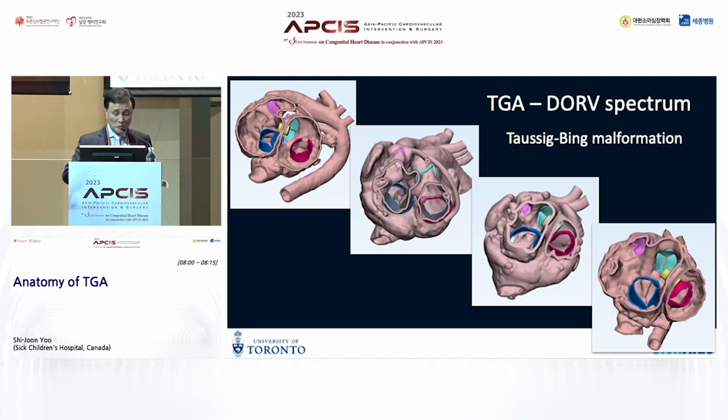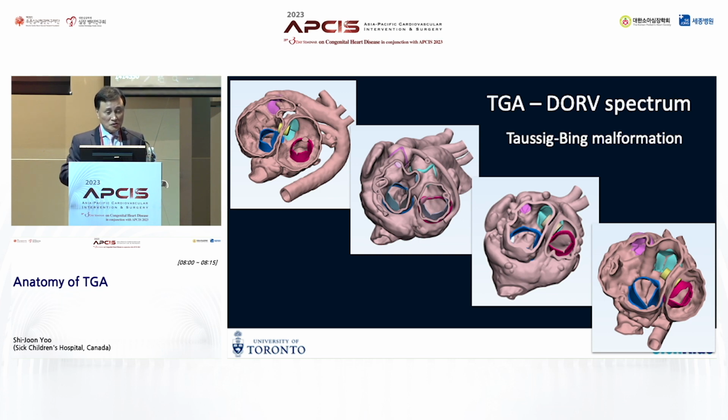A little bit more now, about 70% of the pulmonary valve is in the right ventricle. The outlet septum is here. And then more, you have this. What is that? This is the so-called TGA-DORV spectrum. All of these TGA variants or DORV, we call Taussig-Bing malformation.